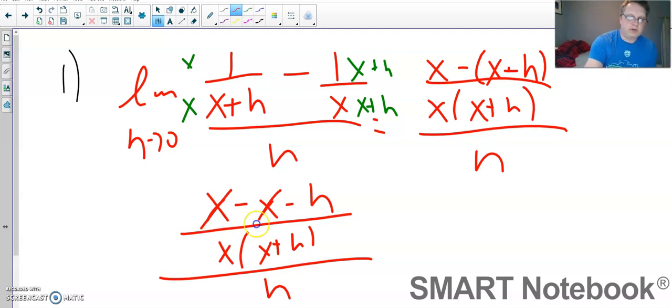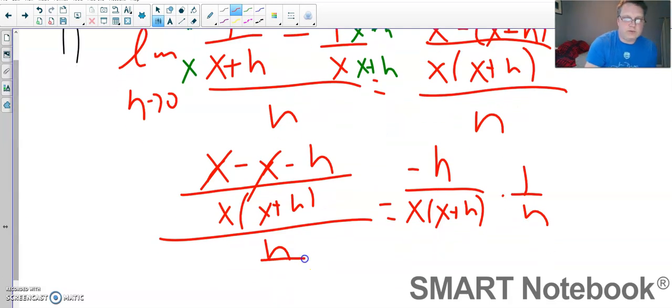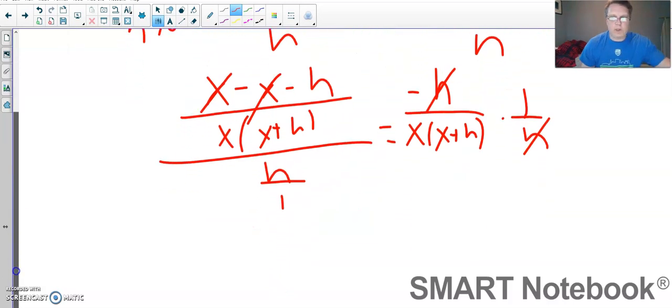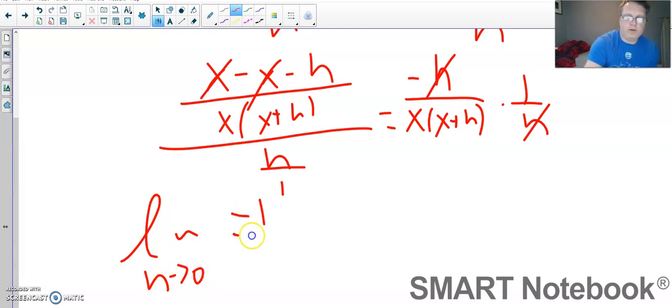Okay, look, x's are gone. Now you have a negative h over x times x plus h times 1 over h because you invert and multiply, complex fraction. Okay, because this was h over 1. Gone, gone. So then we have the limit as h approaches 0 of negative 1 over x times x plus h.